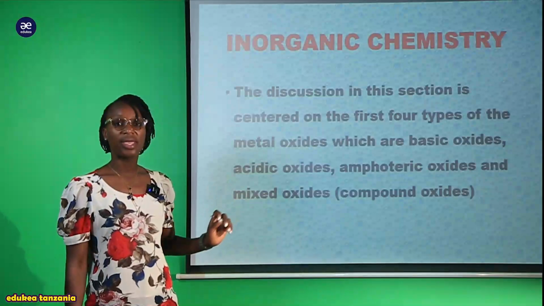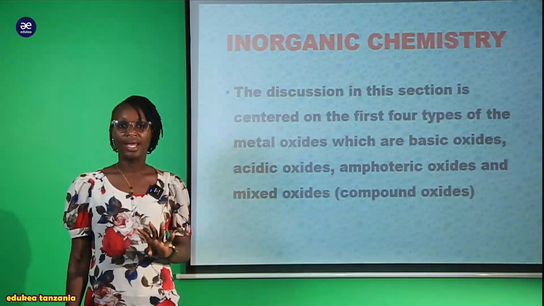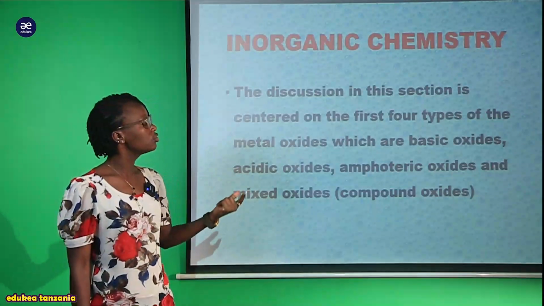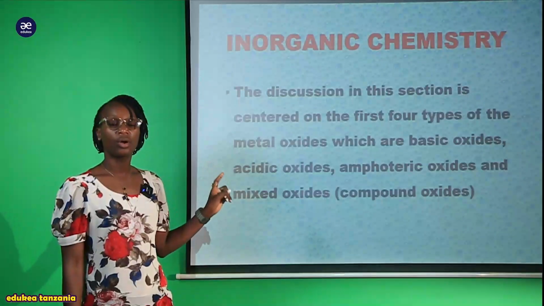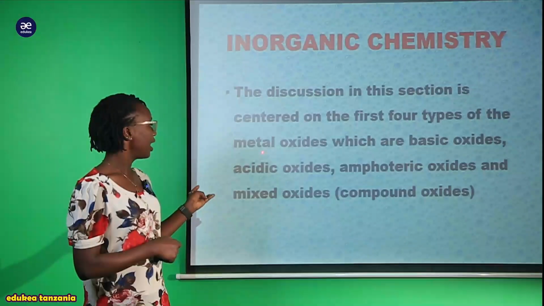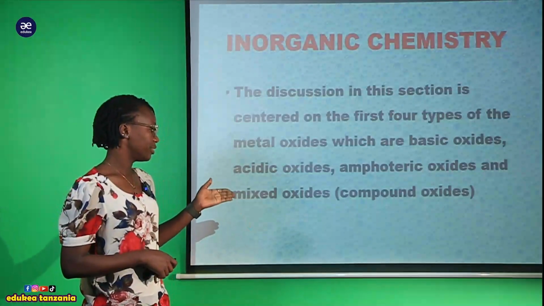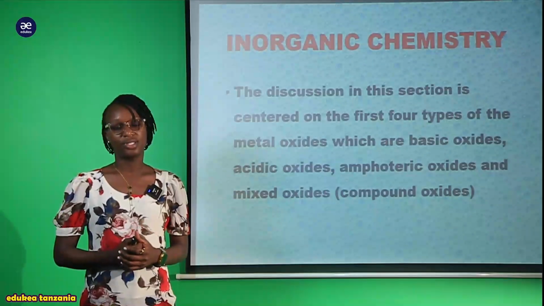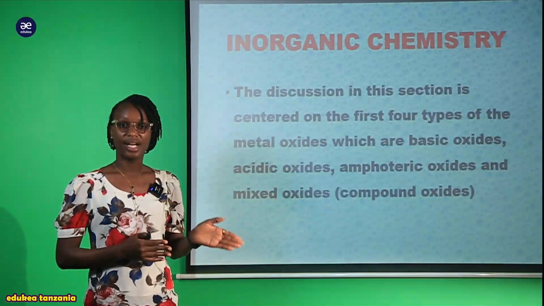Lakini sasa hapa kwenye hii section yetu ambayo tunatakiwa tufanye coverage ya vitu vikuu vinne, tukianza na classes of the metal oxide, anasema kwamba we are going to deal with these 4 types of the metal oxide. Tunaanza kuona kuhusiana na metal oxide of the acid, basic, amphoteric, but finally we're going to look at the compound oxide, or sometimes known as mixed oxide. So my student, this marks the end of our discussion.